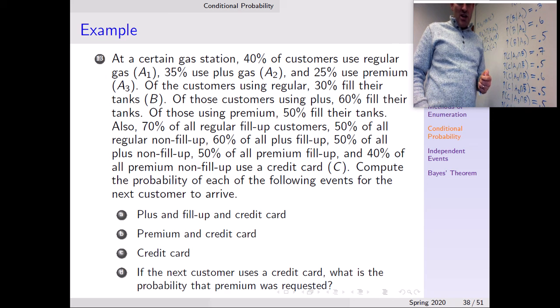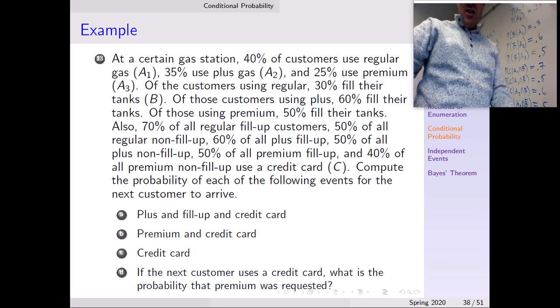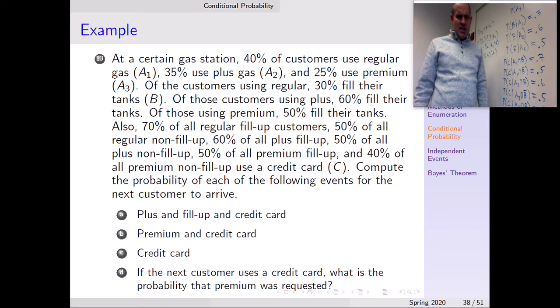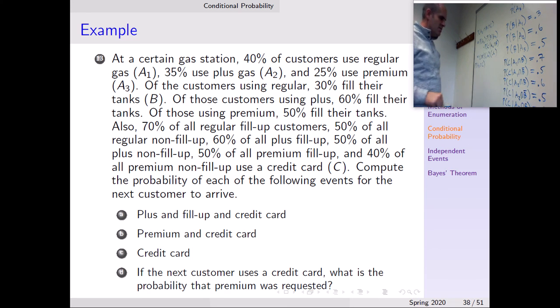Premium and credit card. That one might be a little bit trickier. Maybe we'll just go ahead and compute all of these. This is interesting stuff. So now I want the probability of premium, which is A3, and credit card.